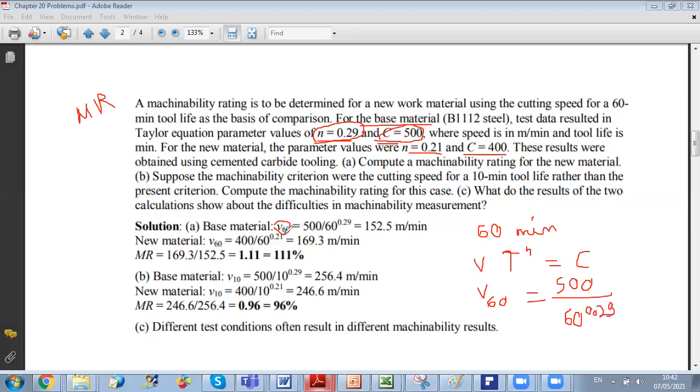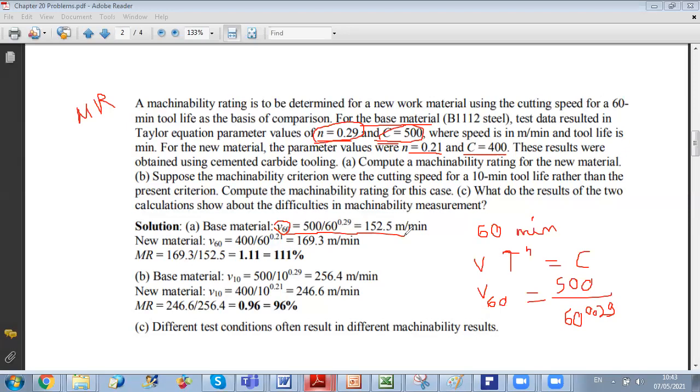Now, if you want to compare materials, you can take a certain reference. What is a little bit subjective here is the selection of the reference. You can select any reference, and once you select it, you can compare several materials based on it.